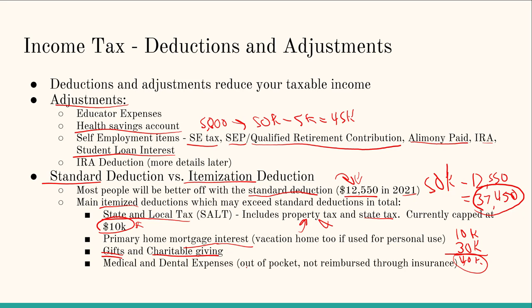Medical and dental expenses, so just your out of pocket, not what's reimbursed through your insurance. So if you had a 100K medical bill, and insurance covered 90K of it, and you paid 10K, this 10K would possibly be itemized.